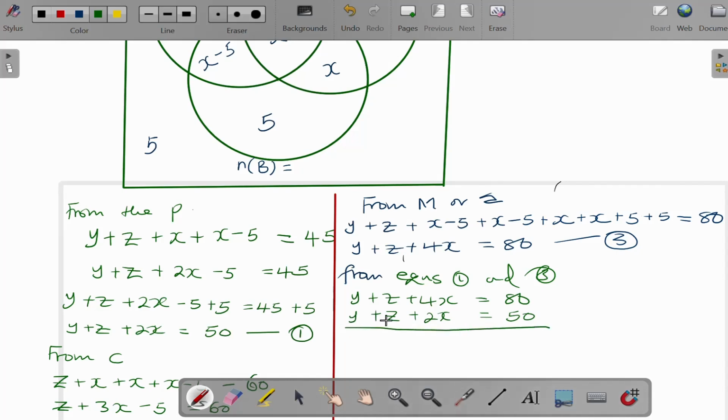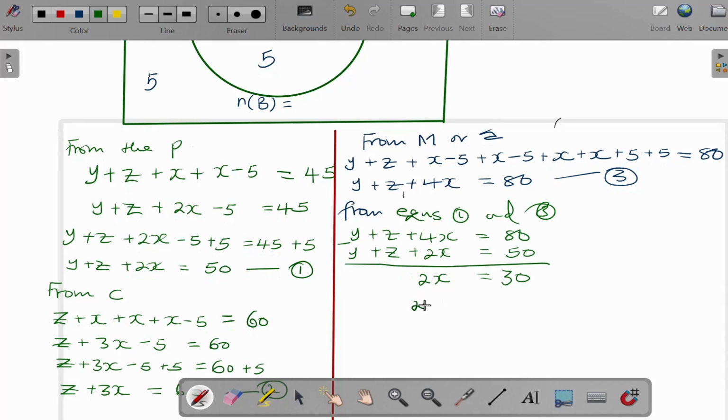So we can solve these 2 equations, and we can eliminate both Y and Z at the same time by subtracting. So we have Y minus Y is 0, Z minus Z is equal to 0. Then for 4X minus 2X, we are having our 2X equals to 80 minus 50, remain with 30. So to solve for the value of X in here, we are going to divide through by 2 on both sides of the equation. So by 2, here we shall get X equaling to 30 divided by 2. We are getting the answer as 15. So this is the value of X.